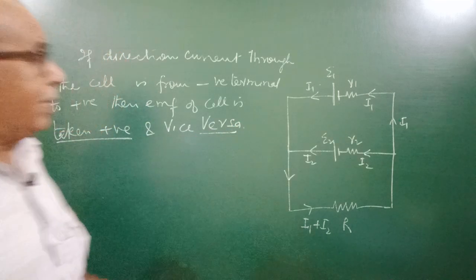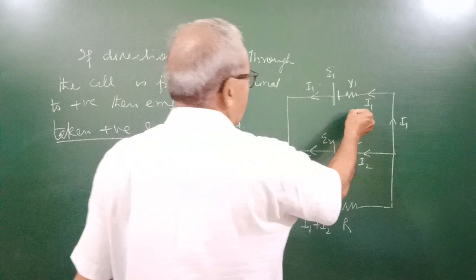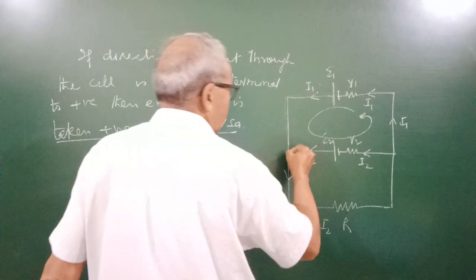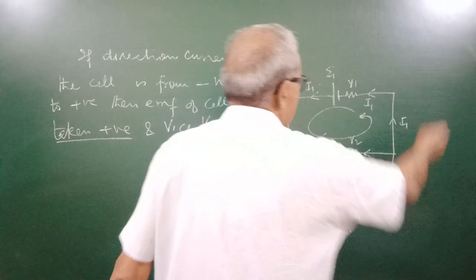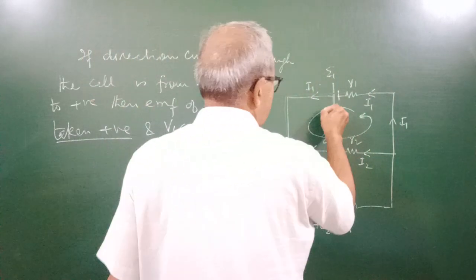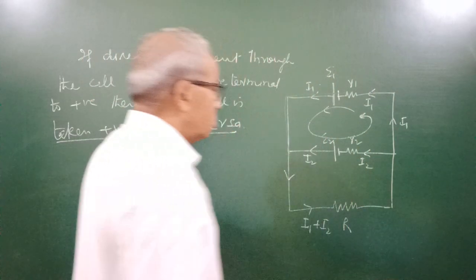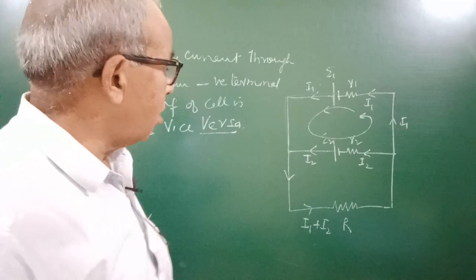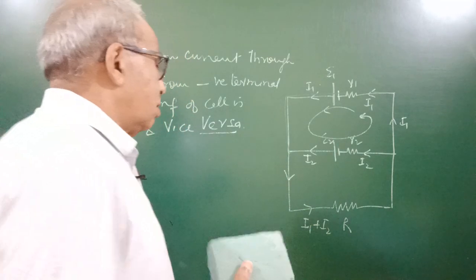Now I will apply this here. Suppose I assume the loop this way. I start from this point, the loop is anti-clockwise. I can choose the loops in the same circuit diagram in different directions.